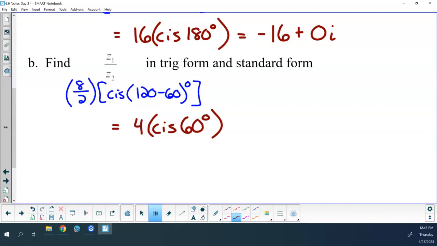The cosine at 60 degrees is 1/2. 1/2 times 4 is 2. The sine at 60 degrees is the square root of 3 over 2 times 4 is 2 square roots of 3. But to write it, because we have a radical, it's 2i square root of 3. That would be the standard form.